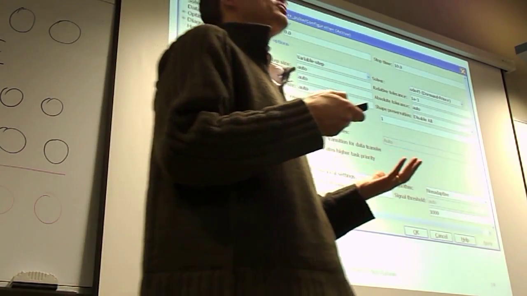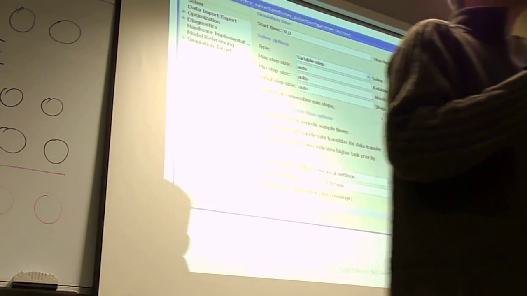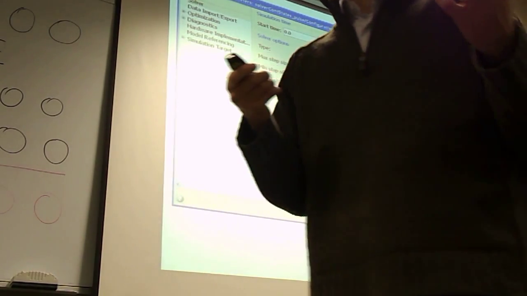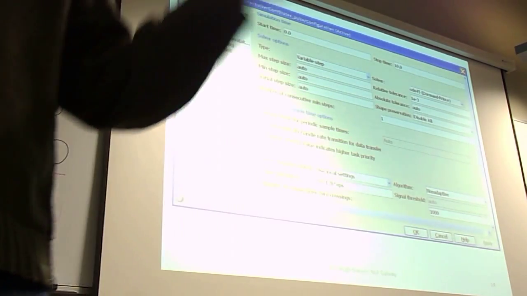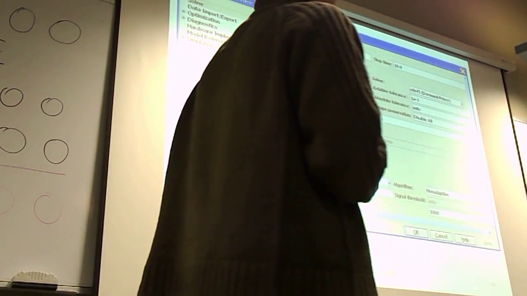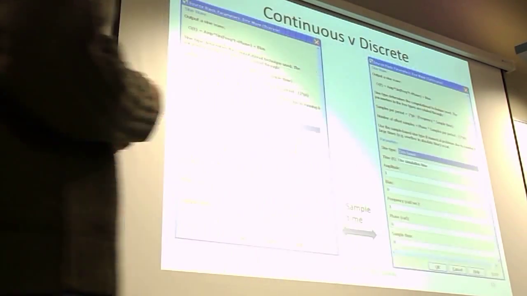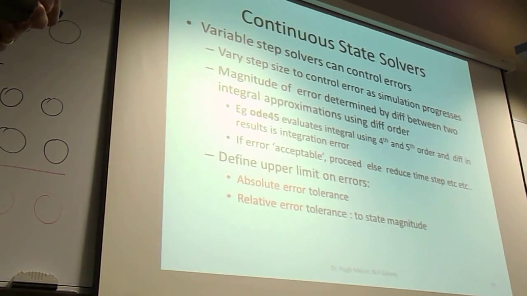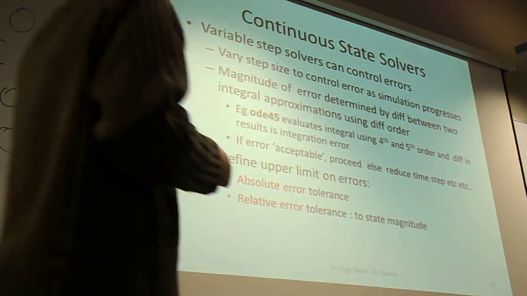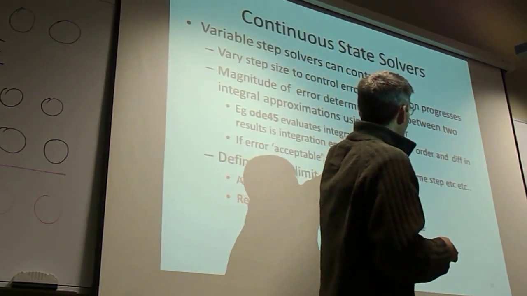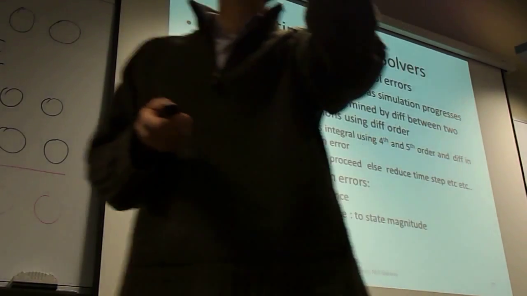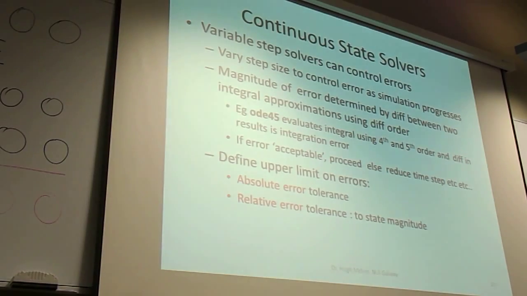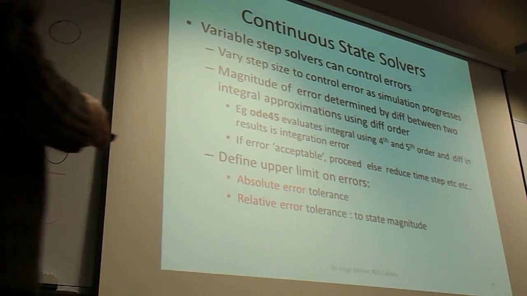So the last day we briefly, and we're not going to go any more than briefly, looked at how Simulink gives you different ways to solve a problem, and some of them are more accurate than others. We looked in particular at ODE45, and what it does is it looks at the fourth order solution, it looks at a fifth order solution, it looks at the difference between those two solutions and says, there's a certain difference.